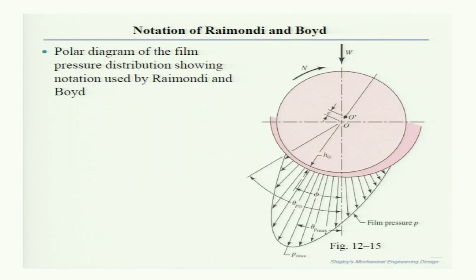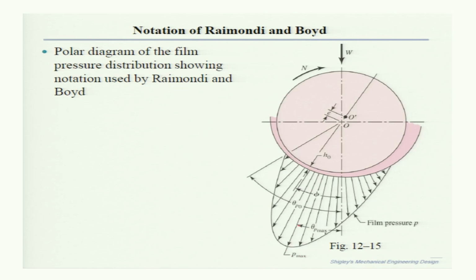Now, notations of Raimondi and Boyd: the polar diagram of film pressure distribution showing the notation used by Raimondi and Boyd. That means this O dash is the bearing center and O is the journal center, and there the HO will be there, and the fluid film pressure is given by this one, and this is the location value of the P maximum.